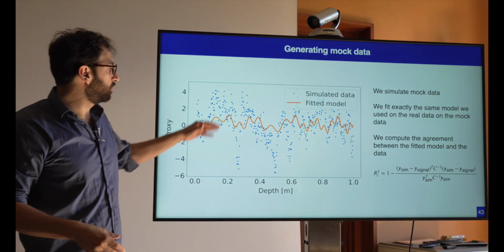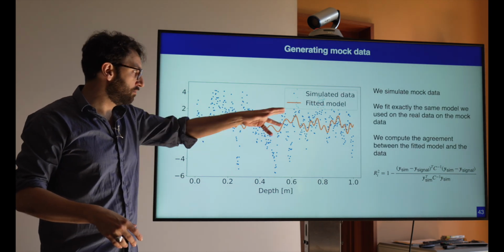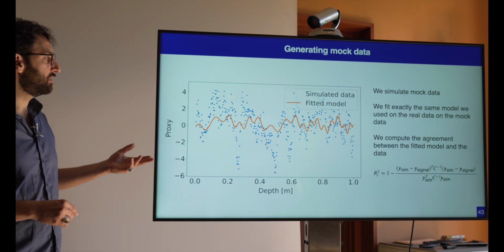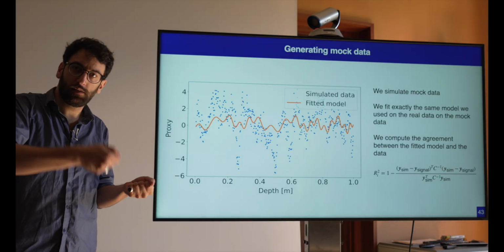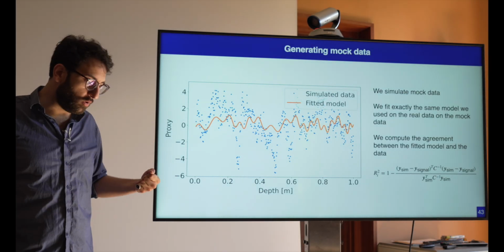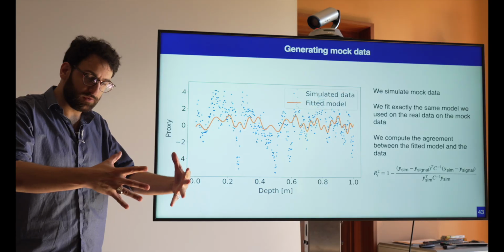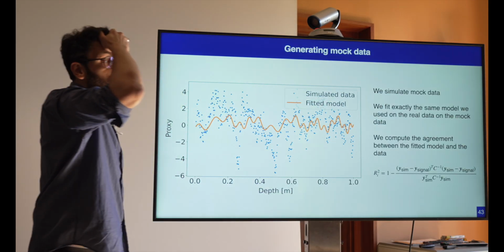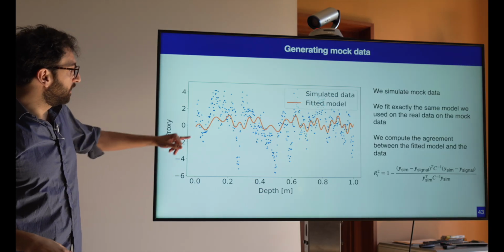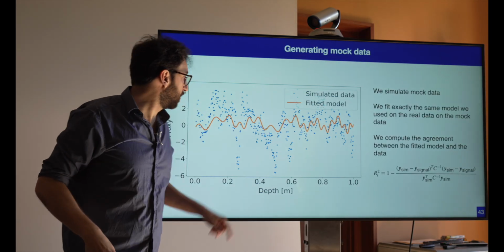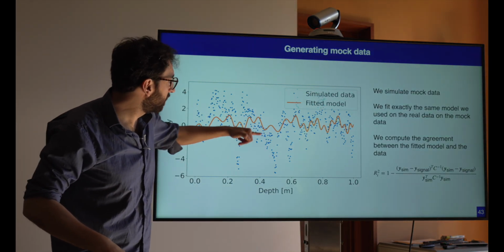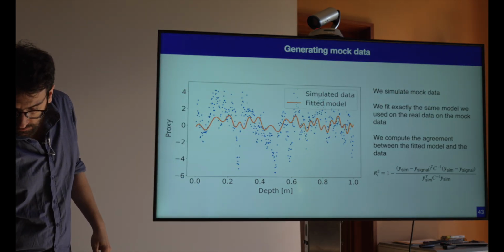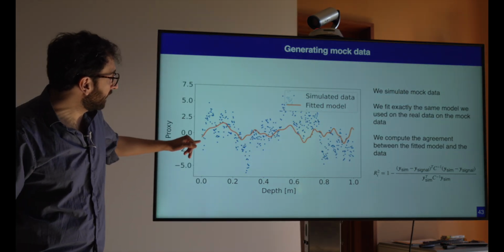So I'm just going to generate a bunch of mock data sets, and every time I'm going to fit the whole arsenal, the whole AstroGeoFit model, and try to see what the astronomical signal would look like. So this is noise, but you see that we fit something that looks a little bit like an astronomical signal. Here also.